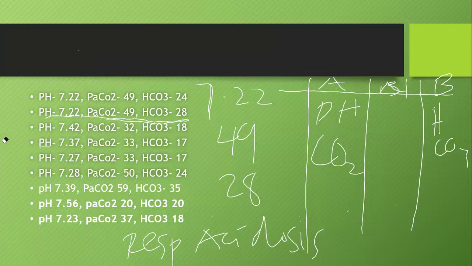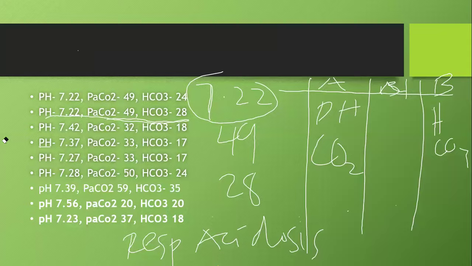The bicarbonate, this time around, is doing something to try to bring the situation back to normal, but it hasn't been able to achieve that. If it achieved that, you would see the pH falling within the normal range, but the pH is still abnormal.